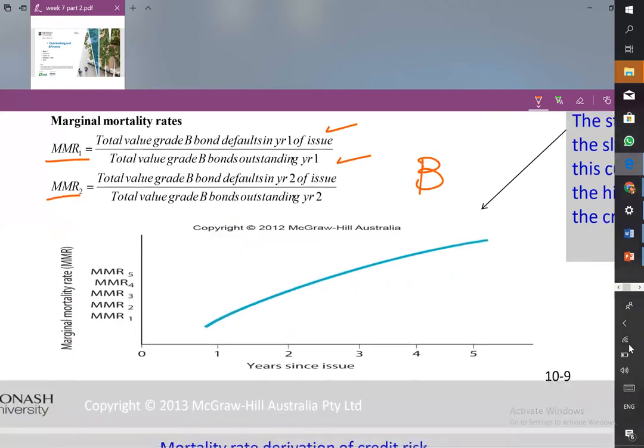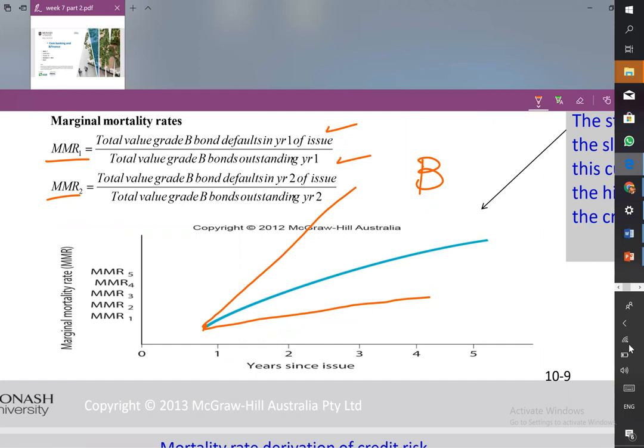Here, for example, in year one, if it goes like this, it is very risky, or if it is very steep. If it is less steep, that means the risk is less.